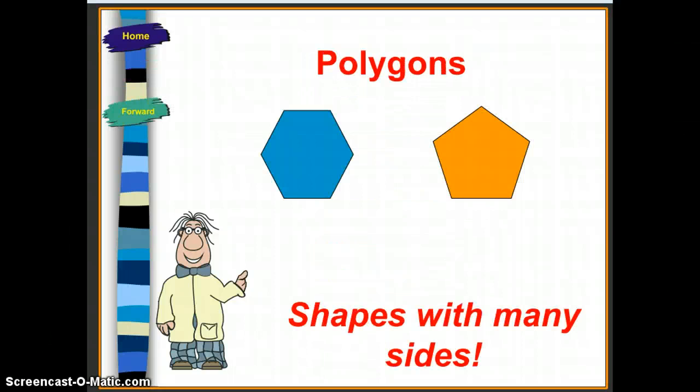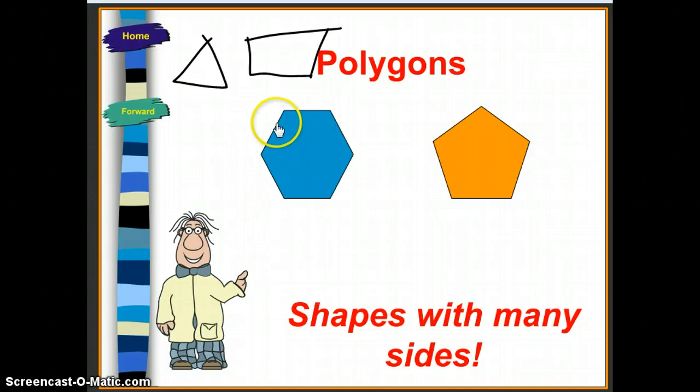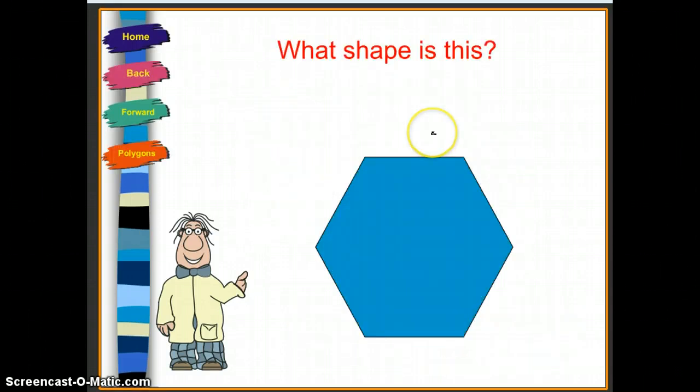Polygons, shapes with many sides. So a polygon is a two-dimensional figure with straight sides. You start off with a triangle, and we had types of triangles. Then you have a quadrilateral, and we had multiple types of quadrilaterals, and then this has 1, 2, 3, 4, 5 sides, and it's a pentagon.